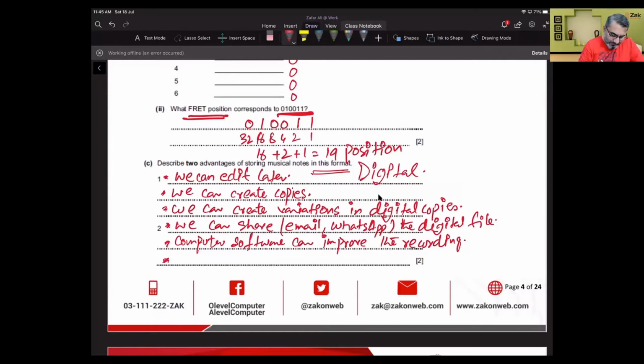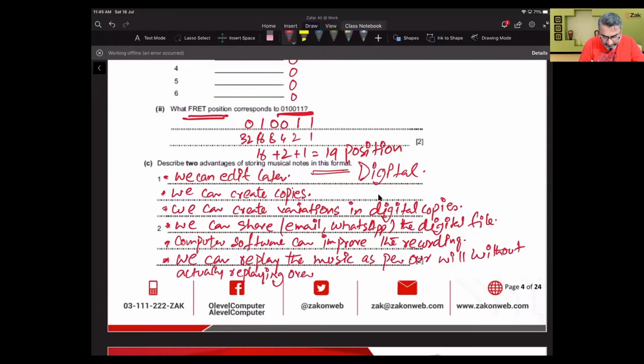Or lastly, we can replay the music as per our will without actually playing over the guitar.